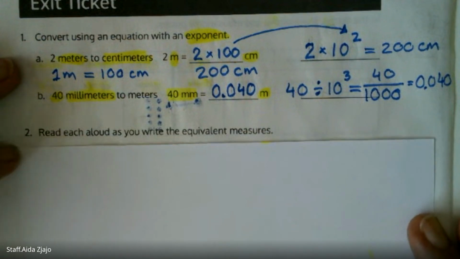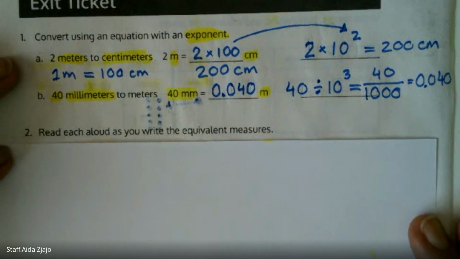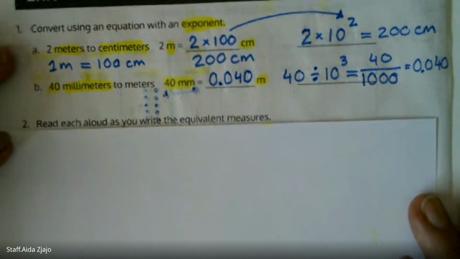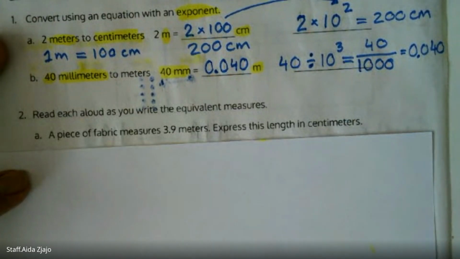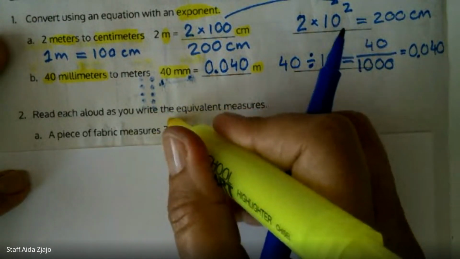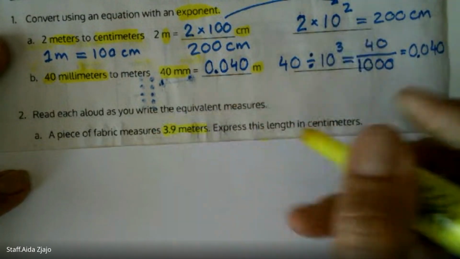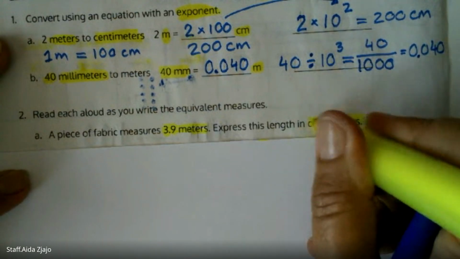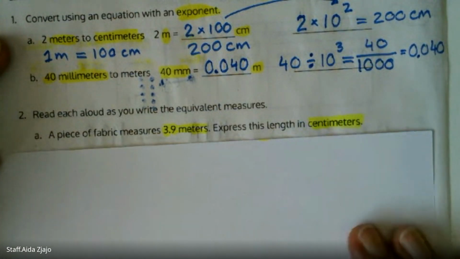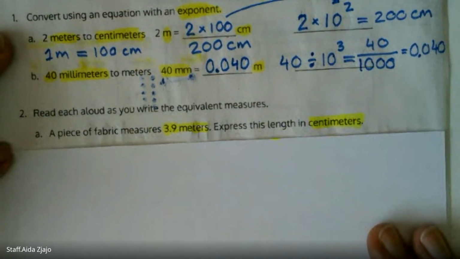Okay. It says, read each aloud as you write equivalent measures. A. A piece of fabric measured 3.9 meters. Express the length in centimeters. So we have the bigger unit. I'm going to use my white paper.